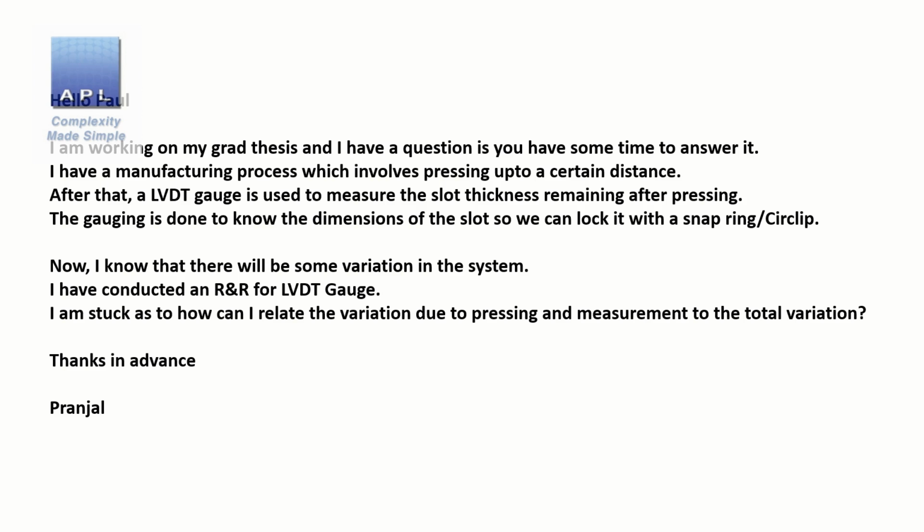The gauging is done to know the dimension of the slot so we can lock it with a snap ring circlip. Now I know there will be some variation in the system. I've conducted an R&R for the gauge. I am stuck as to how can I relate the variation due to pressing and measurement to the total variation. Thanks in advance, Pranjal.